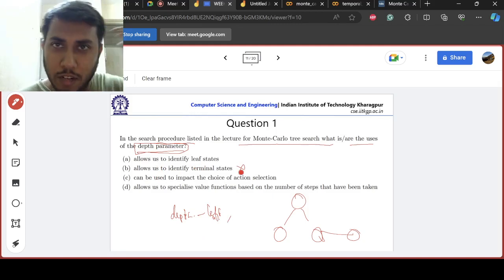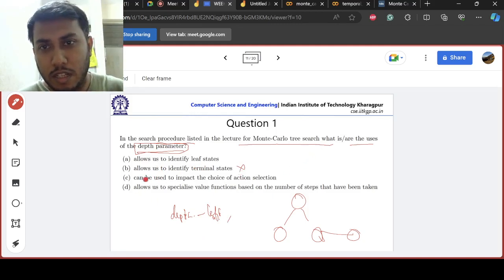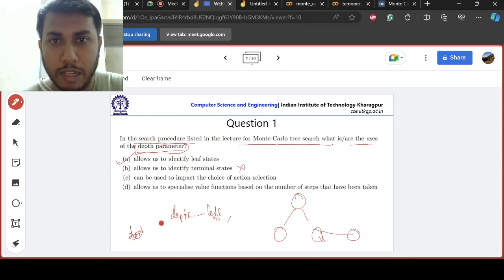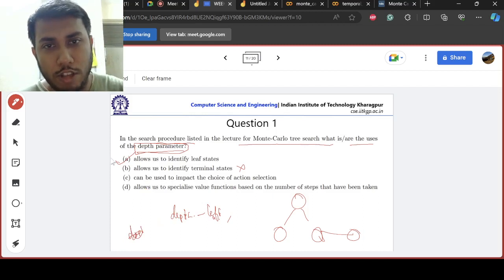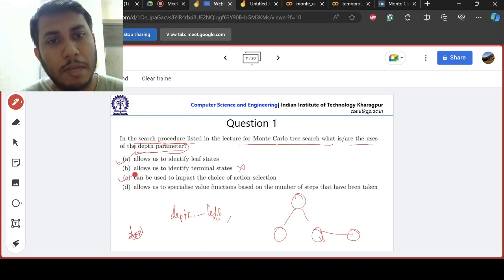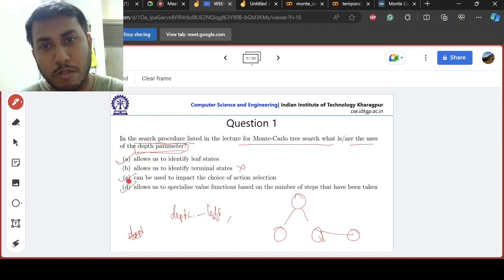Only if the reward is 0 in that case. So this one is correct. It helps identify the terminal leaf state, because in that case depth will be the max depth, right? And the leaf state can be used to impact the choice of action, because once you reach the leaf state, you choose an action. It allows us to specify the value function based on the number of steps taken. Sure.